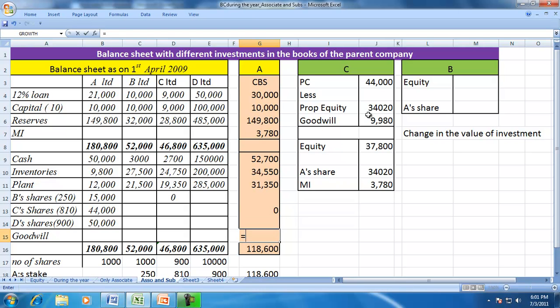However, the excess money paid, goodwill, will be recorded. So goodwill and minority interest are the result of consolidating assets and liabilities of C.